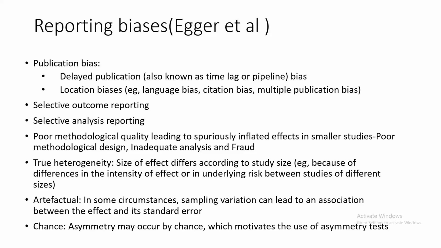There are other factors also, that the bias might happen by chance. It's not necessary that you're doing it purposely, or that there's an inadequate analysis, or a fraud. It could happen by chance also. But whatever the reason, taking known authors, taking only published papers, taking one language papers, citation-based bias, so the more a paper is cited, the more chances I have of pulling it into my study.